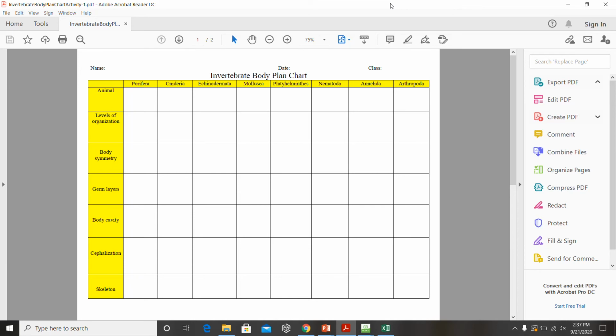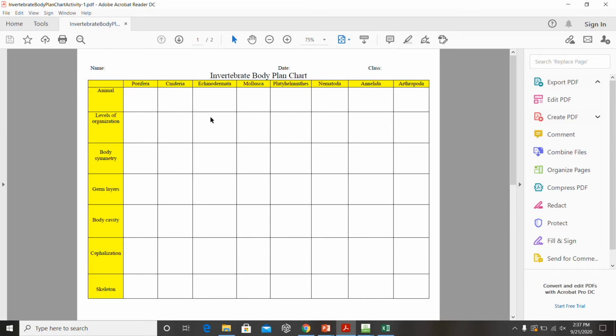For this animal row right here, you're going to write down an example from every single column. Like this first column, Porifera, would be sponges.